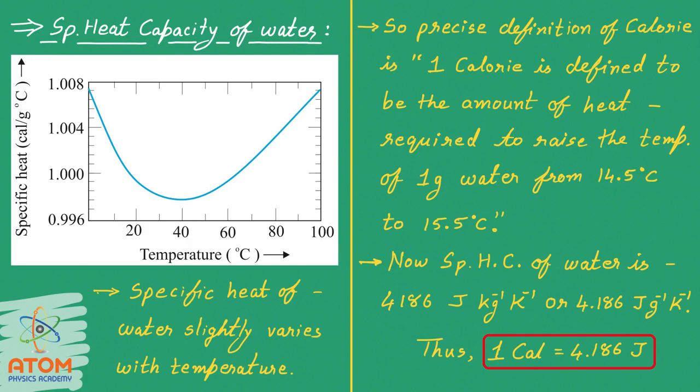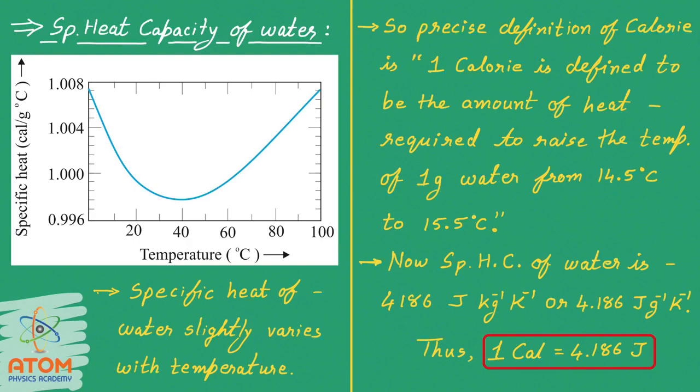But here there is a problem, because the specific heat of water is not constant. So obviously at different temperatures, the definition of calorie will give you different values of calorie, and that is obviously not good, right? So for a precise definition of calorie, we have to take a certain temperature difference at a particular temperature, and that is done in this new definition.